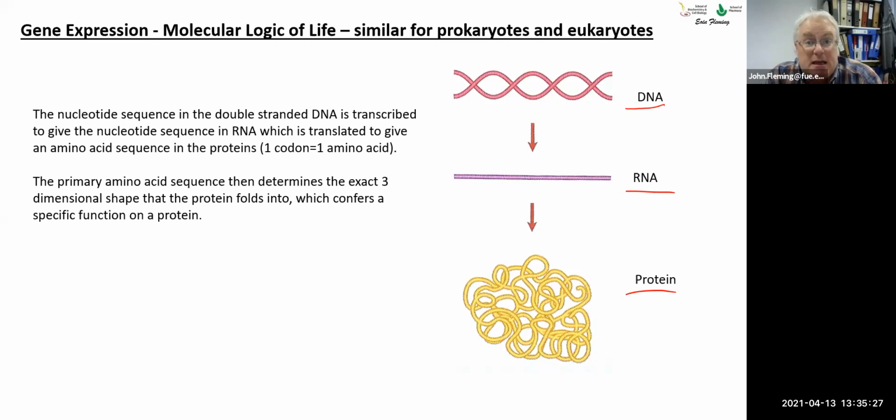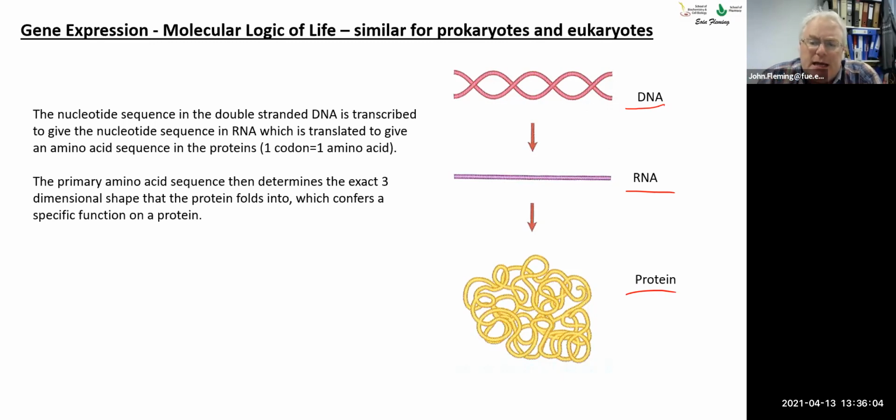The key thing here is that the specific function associated with a particular protein is a reflection of the specific amino acid sequence in the polypeptide chain. It is that specific primary sequence that allows the polypeptide chain to fold into a specific three-dimensional structure, held together by a variety of non-covalent bonds, such as hydrogen bonding, van der Waals forces, hydrophobic interactions, and ionic interactions.